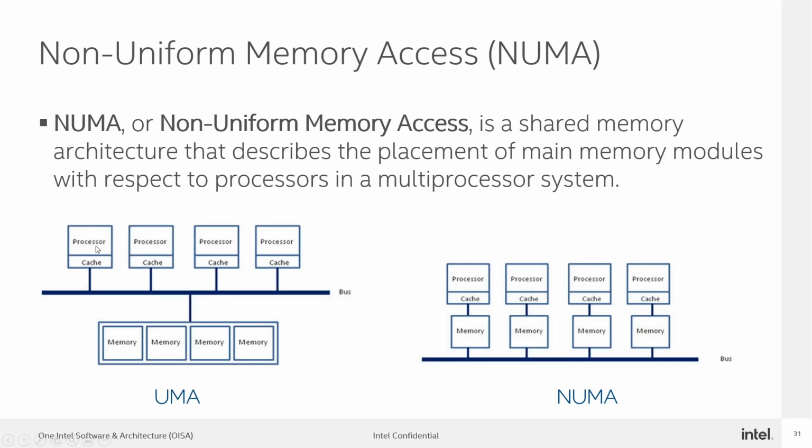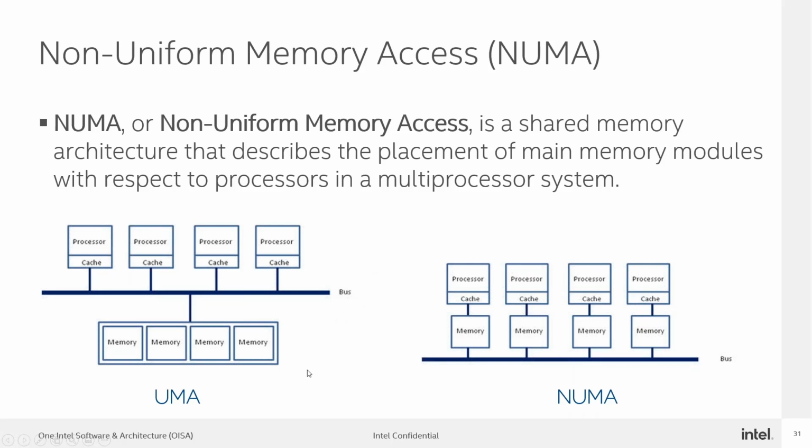So you can see that on one bus, we have several processors, the CPUs, and also the memories. All of the memories are attached to this bus. This architecture is called UMA, uniform memory access.